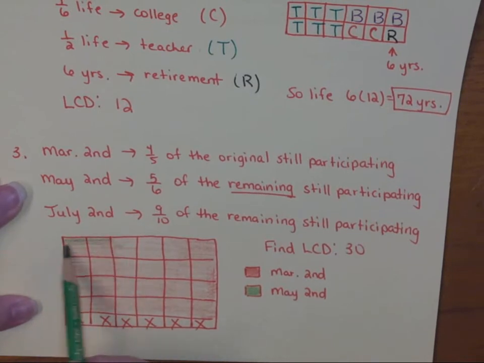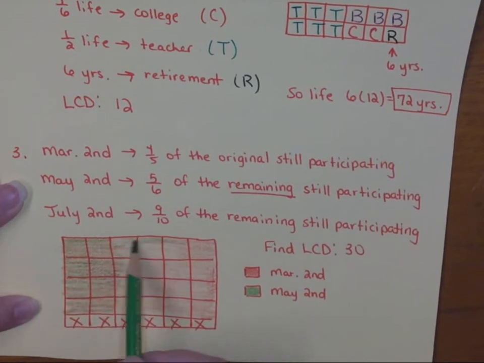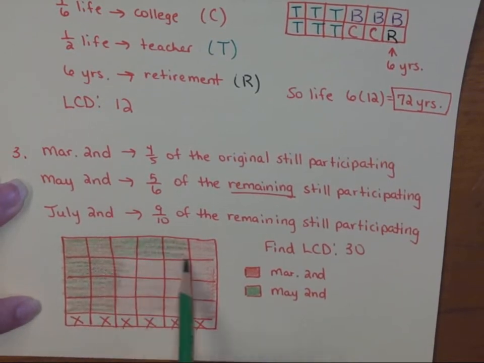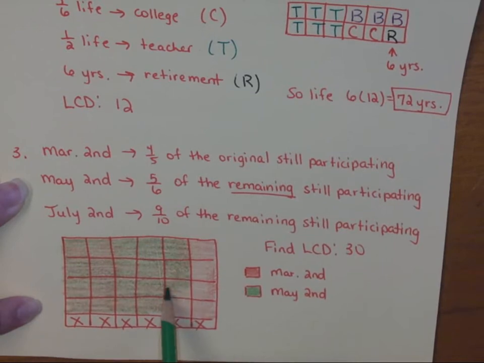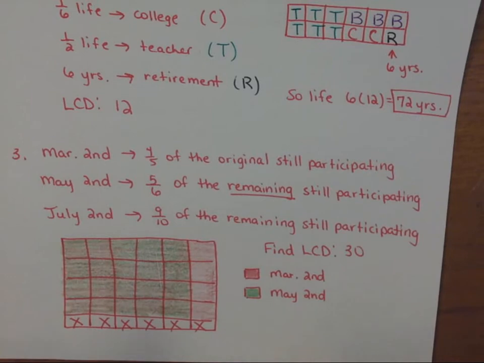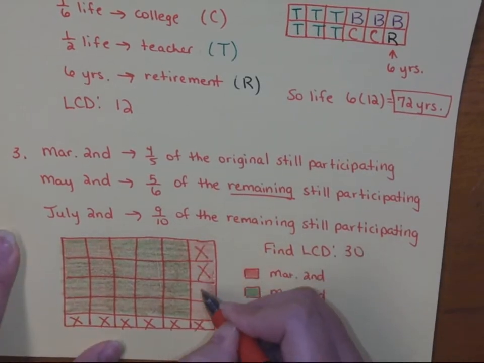So I'm going to color over 5 of those 6 columns. And what about the people in the boxes that I'm not coloring over with this green color? What it means is they stayed for March 2nd, but by the time May 2nd came around, they were done, right? So these people are now out.